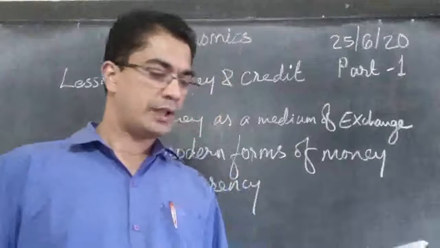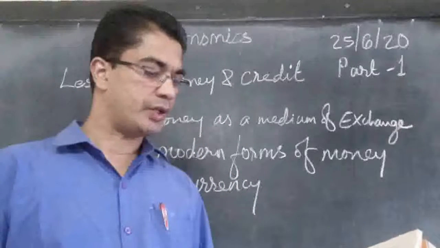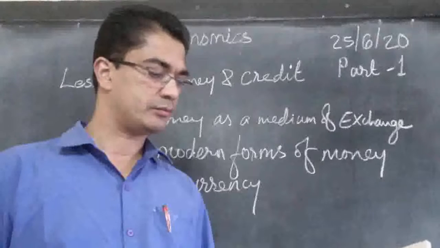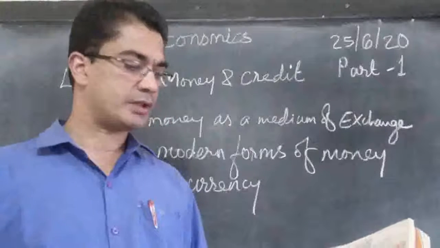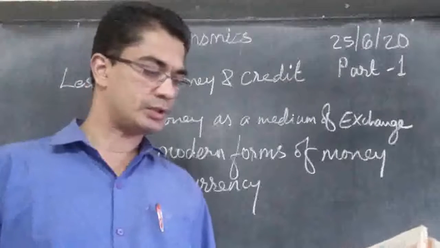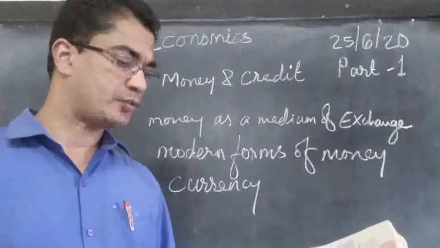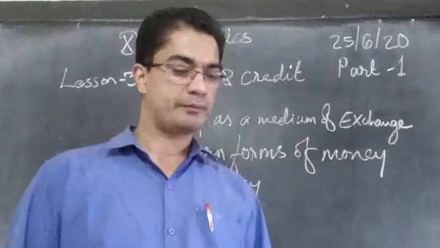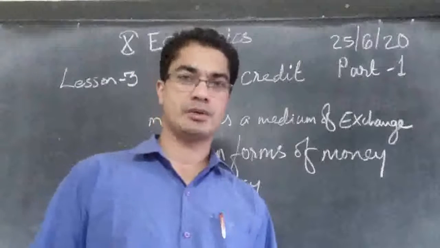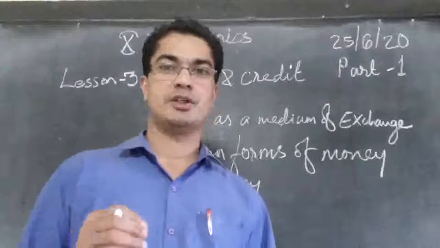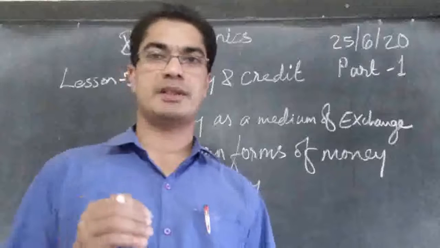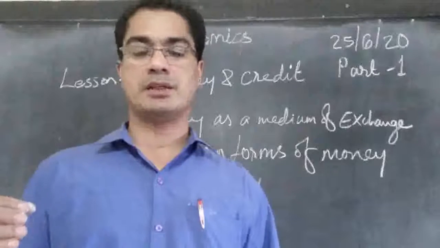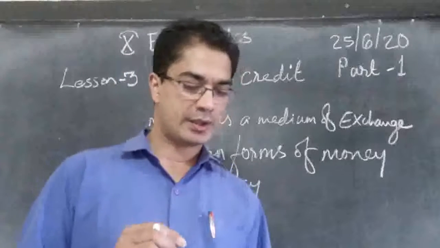So, then why is it accepted as a medium of exchange? It is accepted as a medium of exchange because the currency is authorized by the government of the country. So this money, the coin that we use, is accepted by the shopkeepers and others because it is authorized.